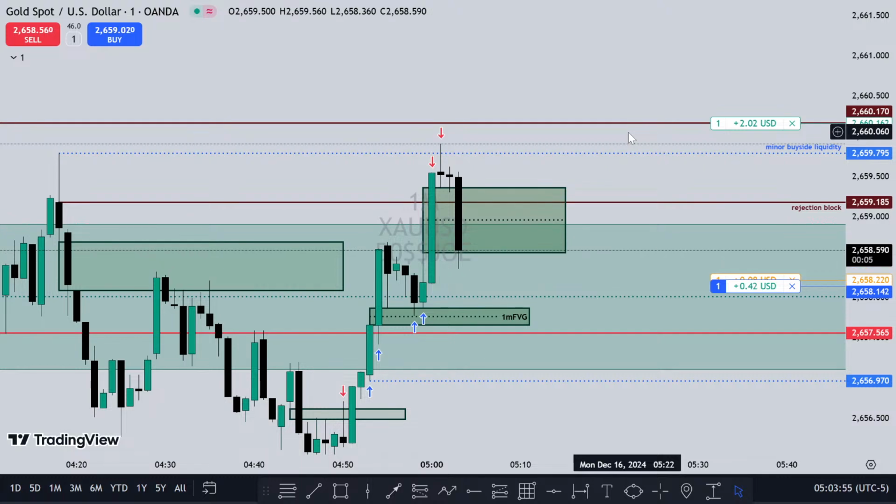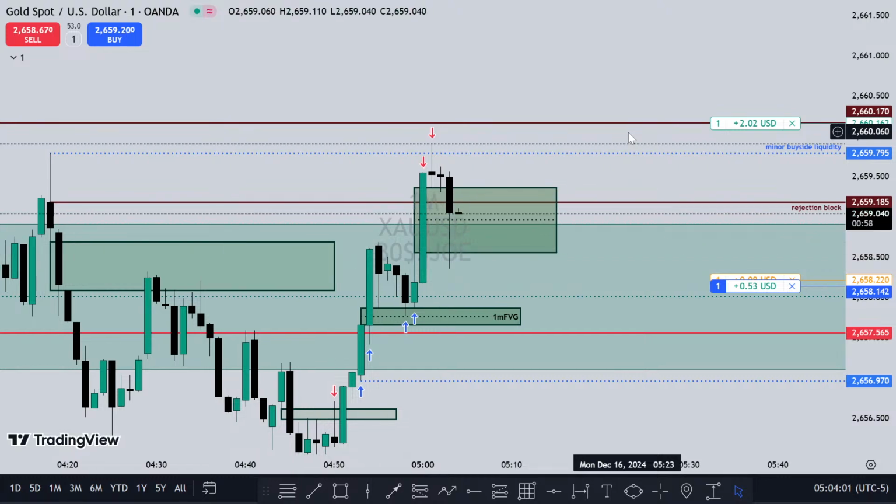So tell me why I won't be taking partials in my trade. A good winning trade can turn to a losing trade. As a scalper, you need to know how to take your partial profits. Very important that you learn that.